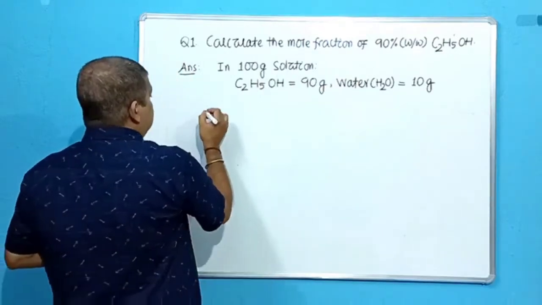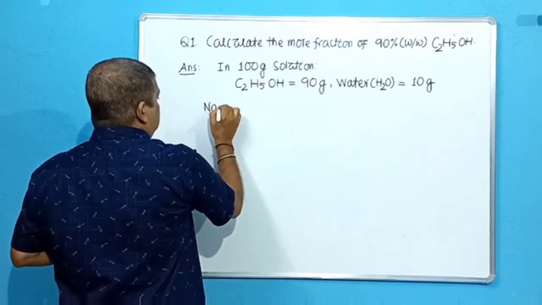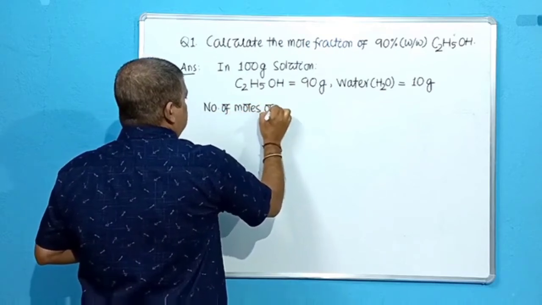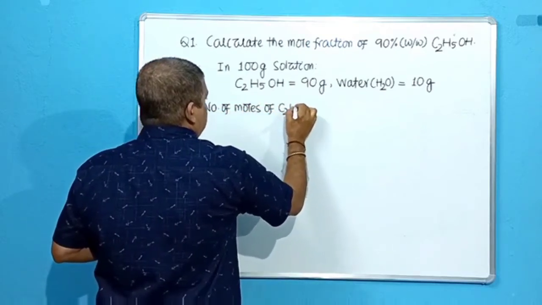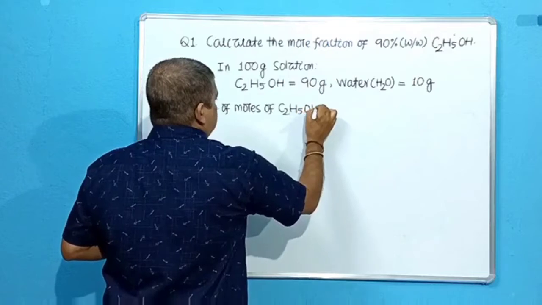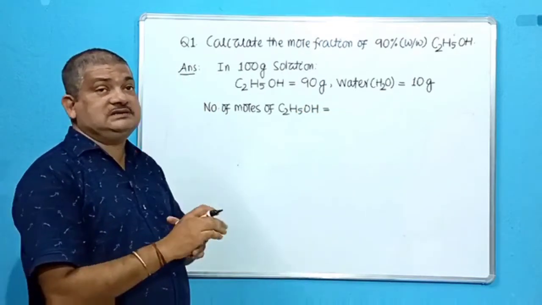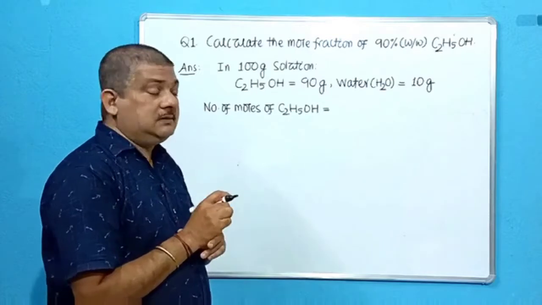Then the number of moles of ethyl alcohol. How to find out? Given mass divided by molar mass.